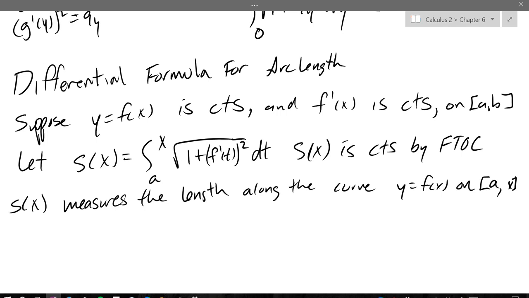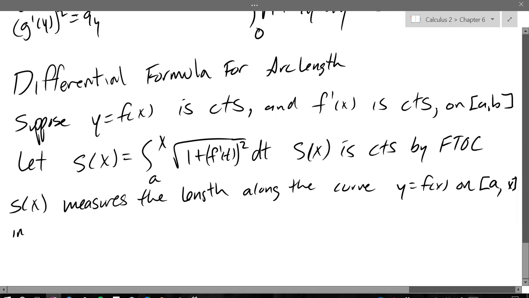Another way you could say it is, in other words, the arc length from a comma f of a, if you talk about points, to x comma f of x.